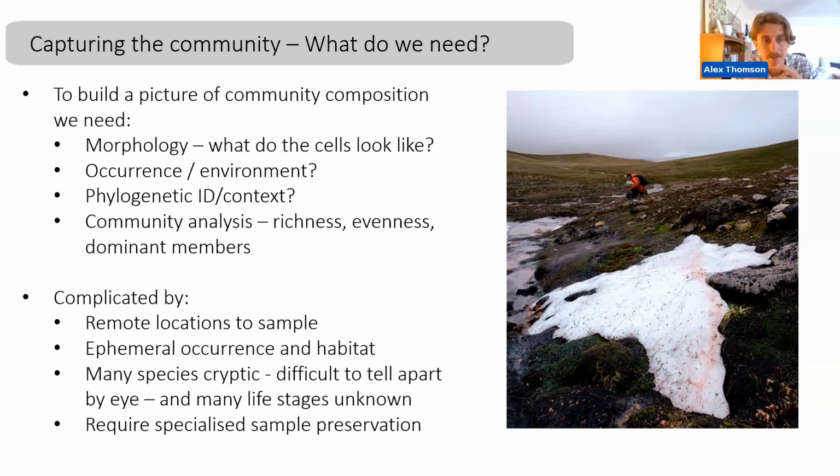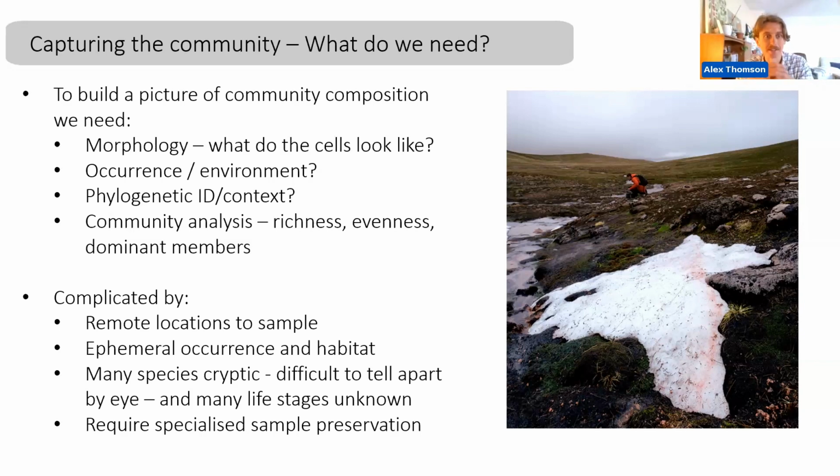And then finally, really important is having that overall community analysis. So that biodiversity level of data, looking at things like the richness of the community, species richness, the evenness of species within the community, and which species are dominant and which species are perhaps rarer. And in some cases, associations between key species too.